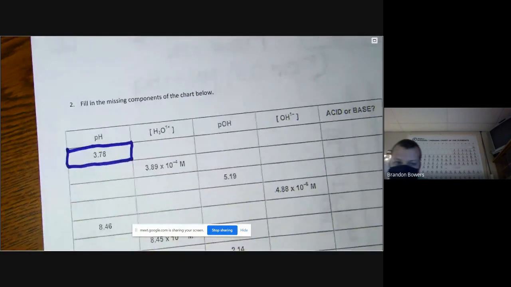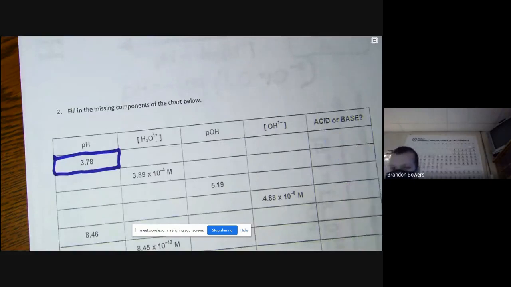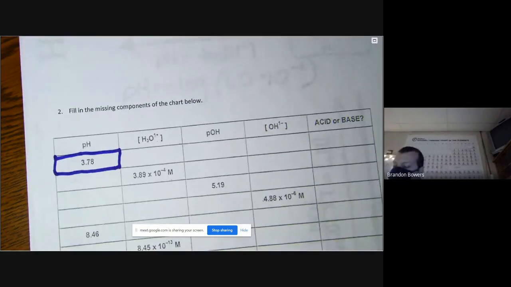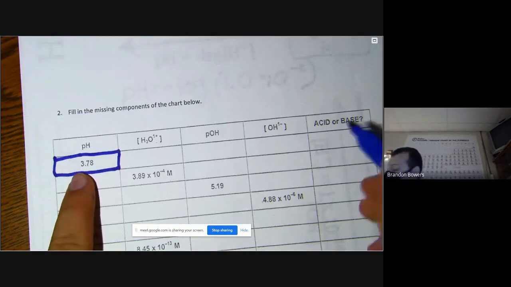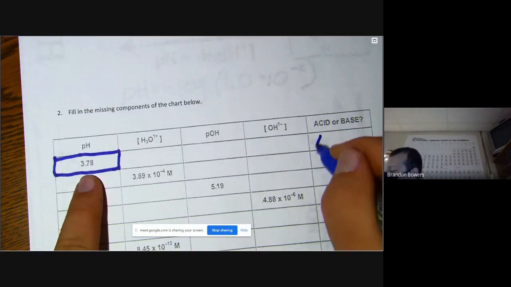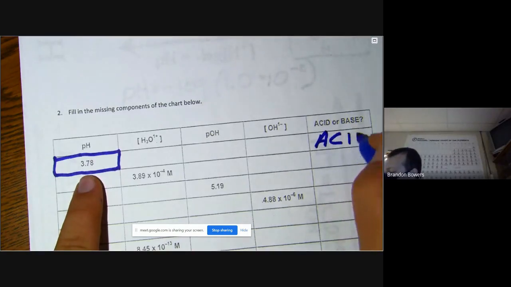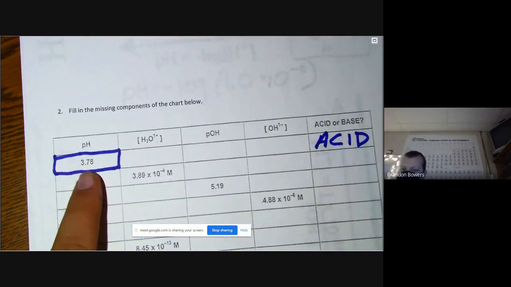I have to solve all of these things. It's a little challenging, but we got this. First of all, do I know if it's acid or base yet? I know the pH value. So what would it be? Acid, very good.